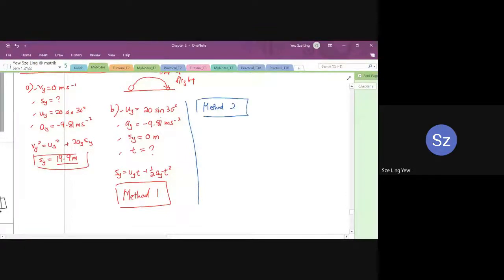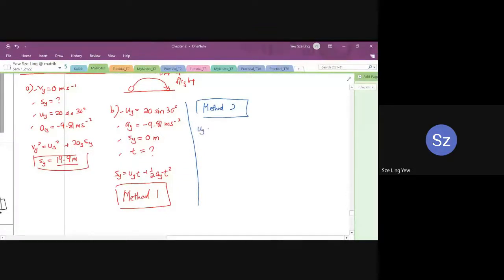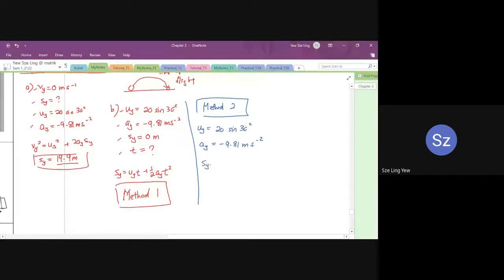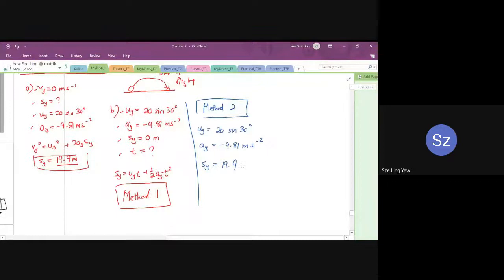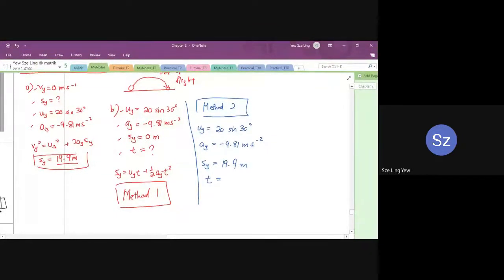So how are you going to solve it? So you can also use Uy equals to 20 sine 30 degree. You can also use Ay equals to negative 9.81 ms negative 2. But now you use Sy equals to 19.9. And then you find t. So this t is not the final answer yet.